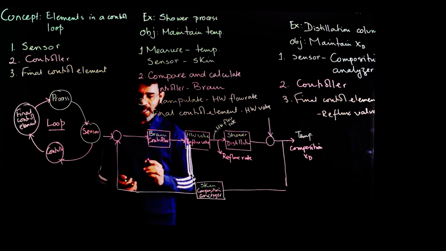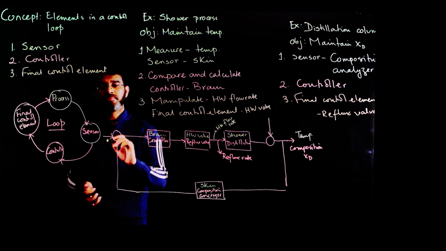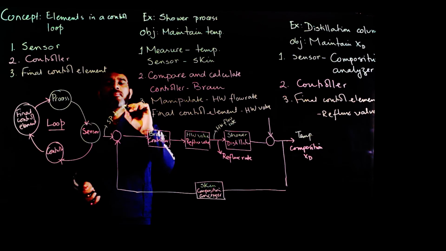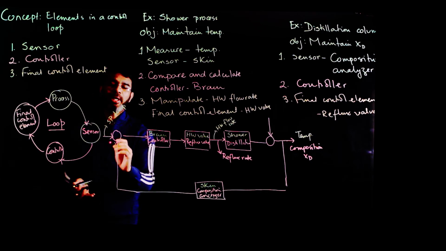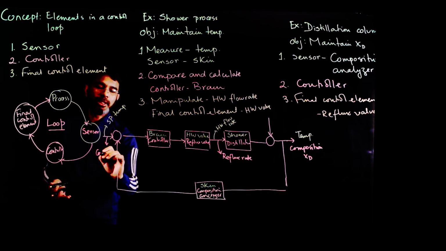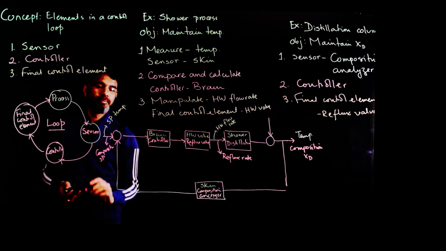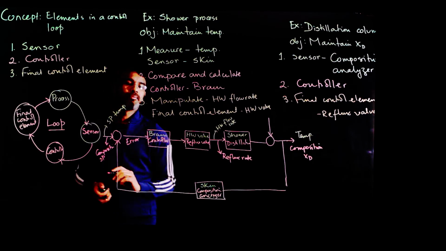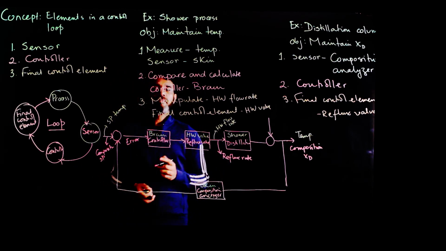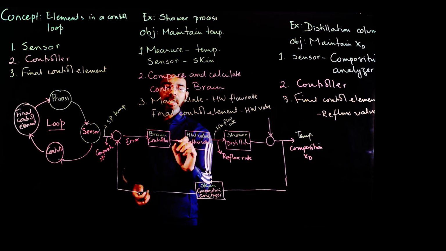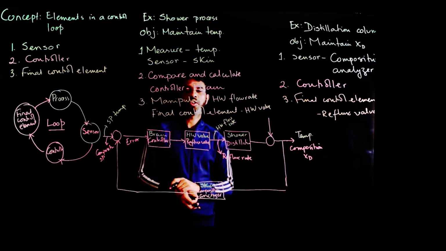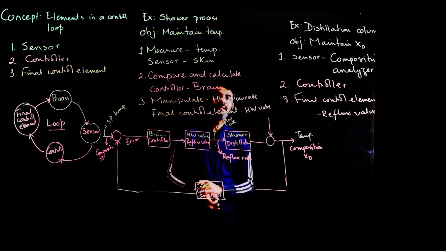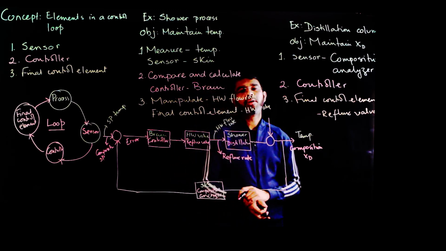Now, as I said, there is another thing called the set point. For the shower process it is the set point temperature. For the distillation process, it would be the composition set point. Again, this is the generic error signal for both cases. Between this controller and hot water valve, there are some other elements that need a little more discussion.